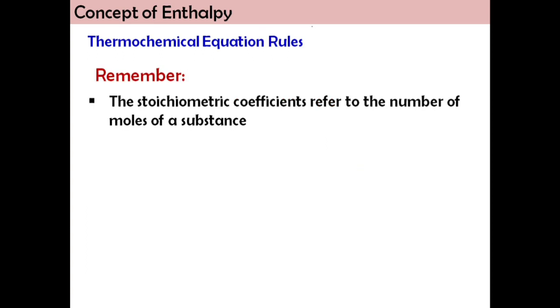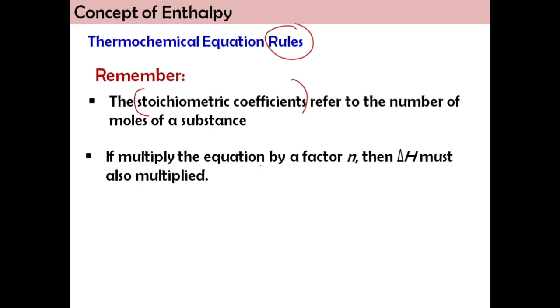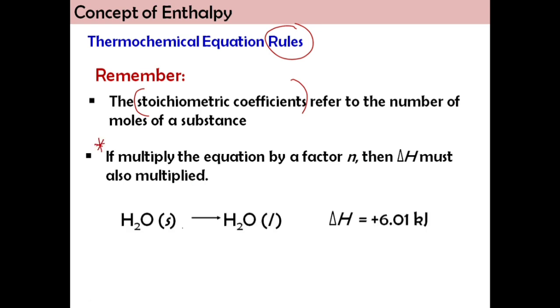Okay, so some rules regarding thermochemical equation. The stoichiometric coefficient is the number of moles for the substance. Okay, if we multiply the equation by factor n, then delta H must also be multiplied. So, ini nanti saya akan tunjuk contoh dia. Contohnya macam ni, kalau saya ada H2O solid pergi H2O liquid, this is the enthalpy value. Okay, let's say I have this equation. Kalau nampak macam ni, sama dia punya species.